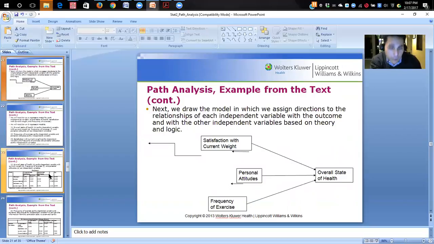state of health. And it cannot be circular. That's why it's called a recursive model, which means that none of these arrows can go back in a circle. So once you already have your dependent variable as overall state of health, you cannot put an arrow pointing back to frequency of exercise, or to personal attitude, or to satisfaction with current weight.